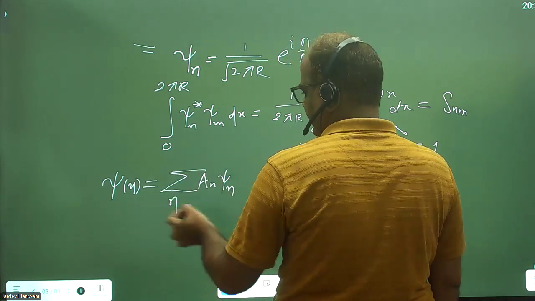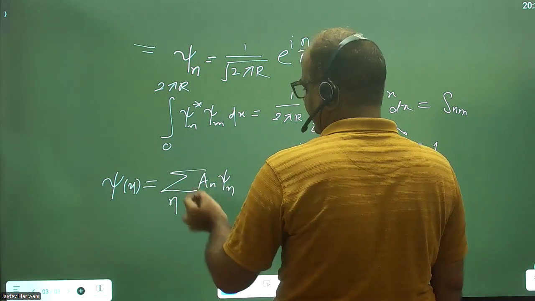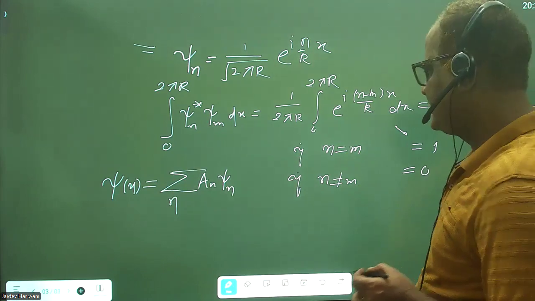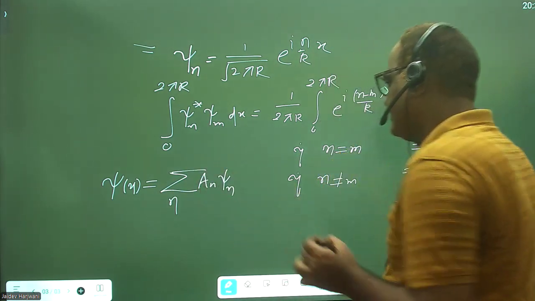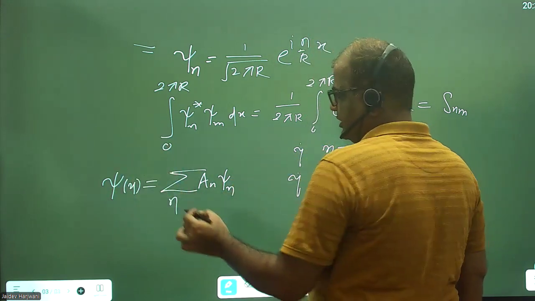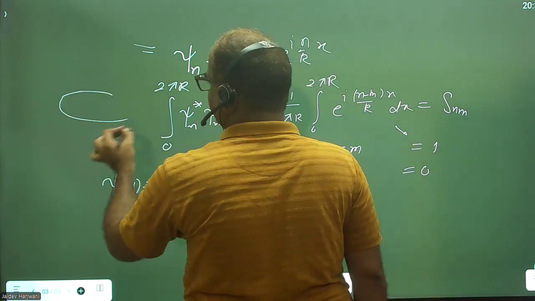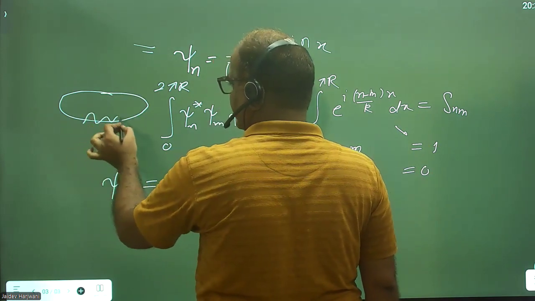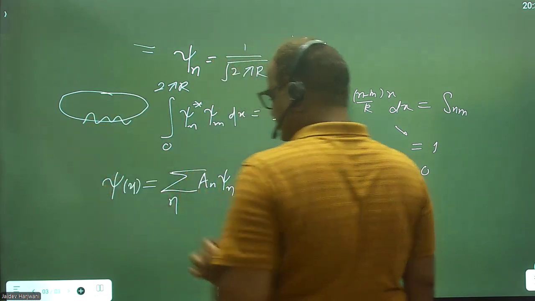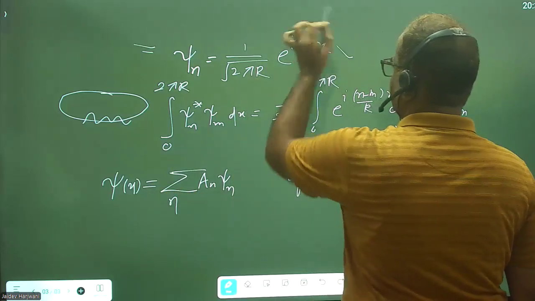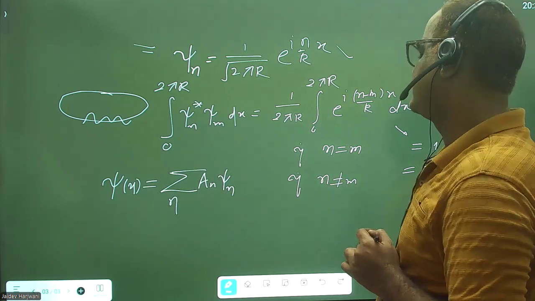I can write any function in terms of n. So if you know the n, you know the a, and a is the amplitude. Any function can be expanded in terms of periodic functions. So if I have a circular ring and I define a function psi x here, that psi x can always be expressed as a superposition of these functions.